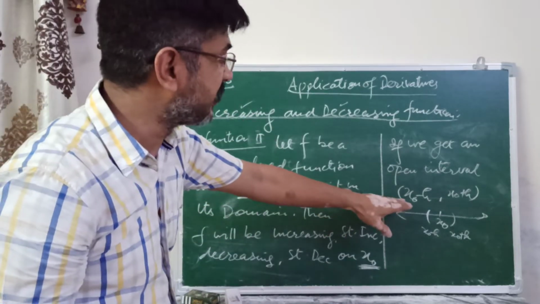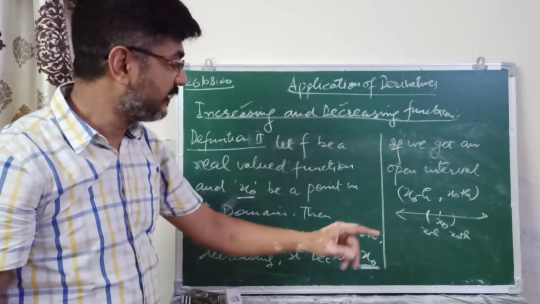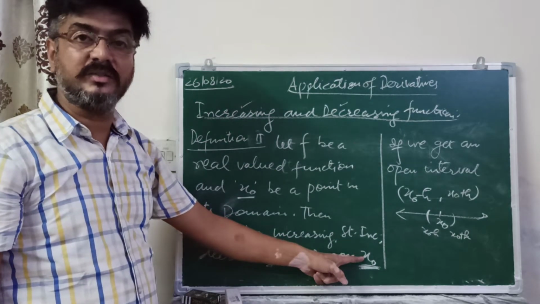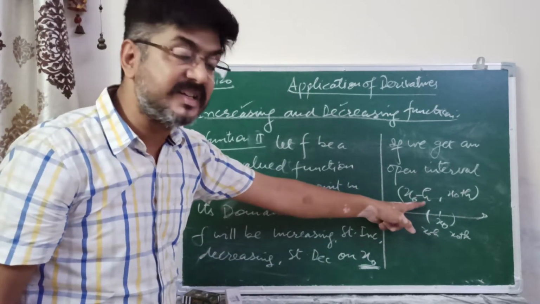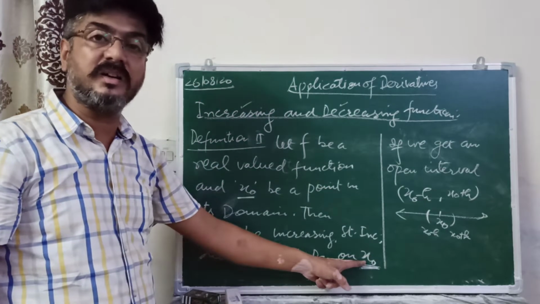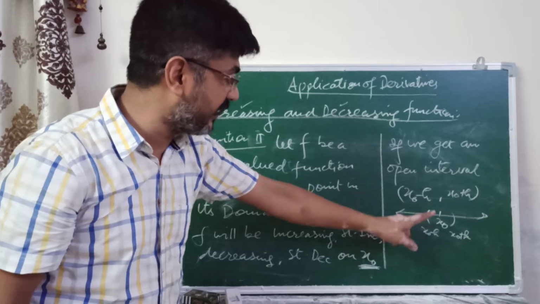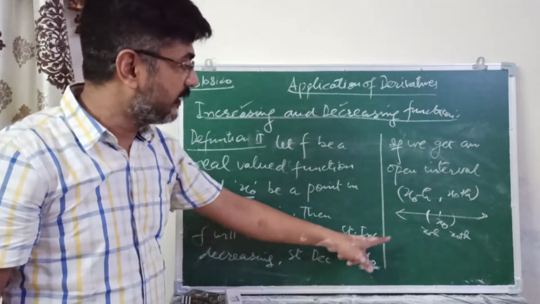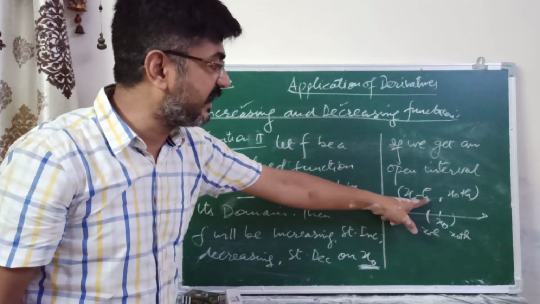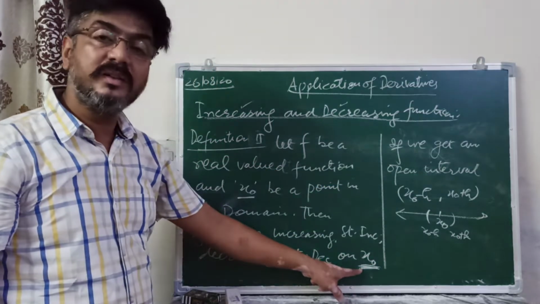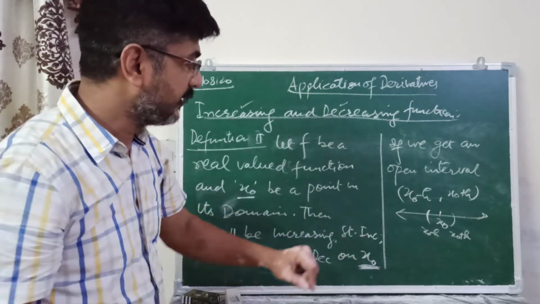If our function is increasing, then the function will be increasing on x0. If the function is strictly increasing, then it will be strictly increasing on x0. If the function is decreasing in this interval, then it will be decreasing on x0. If it is strictly decreasing in this interval, then it will be strictly decreasing on x0 also.